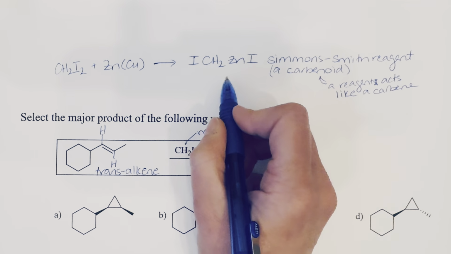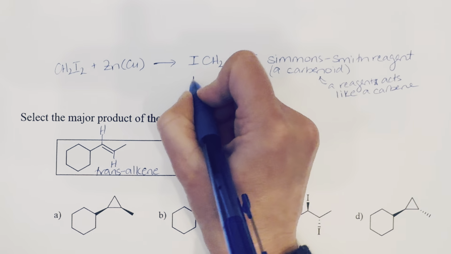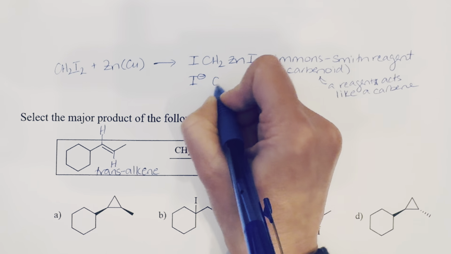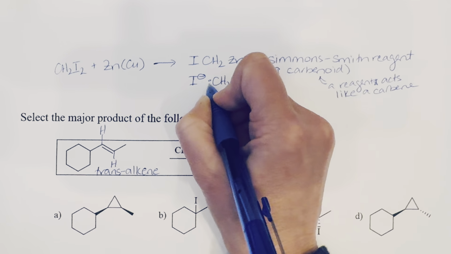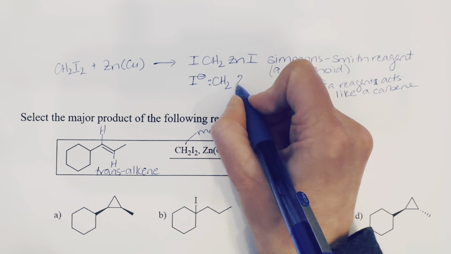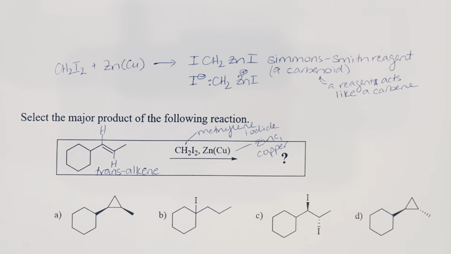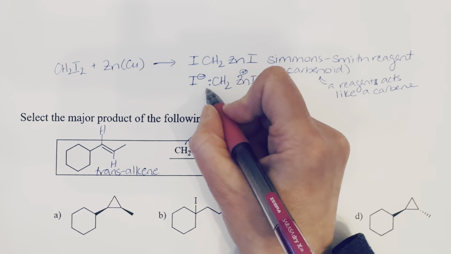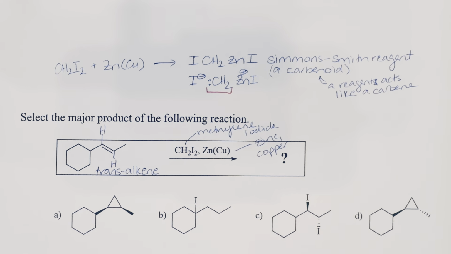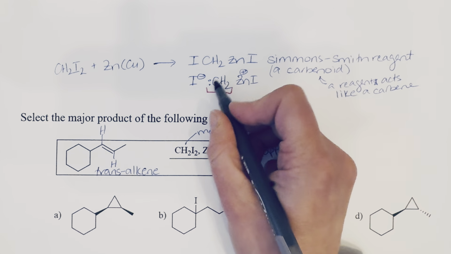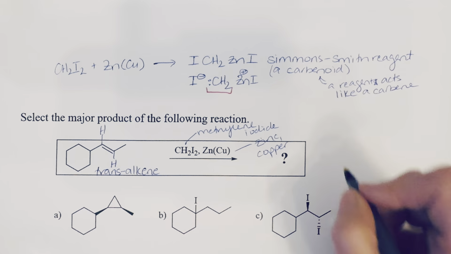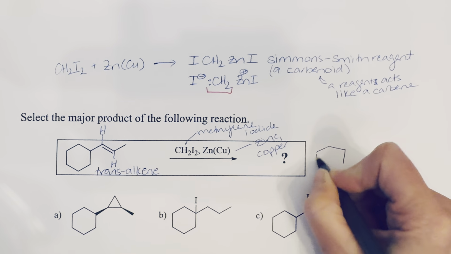So we can imagine this structure to look a little bit like I-, a methylene with a lone pair of electrons, and then a zinc iodide. And so the portion we're going to be focusing on is this part here, and we're going to imagine that it really is just a methyl carbene. And so when you have a carbene, I'm just going to pull this part out, and I'm going to show it reacting with the alkene.